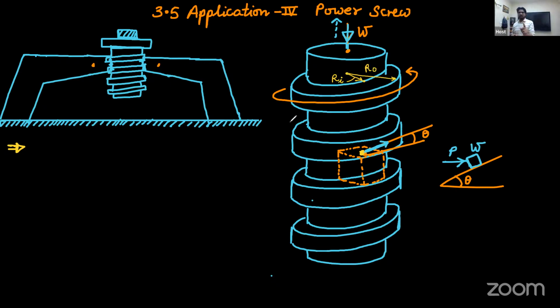When I say internal thread, it's the inclined plane. When I say external thread of the screw, it's acting like the block kept over the inclined plane.